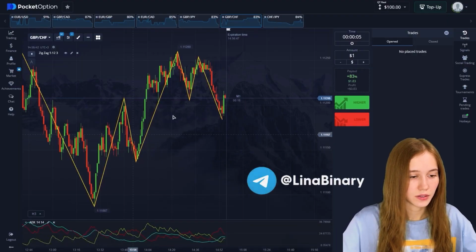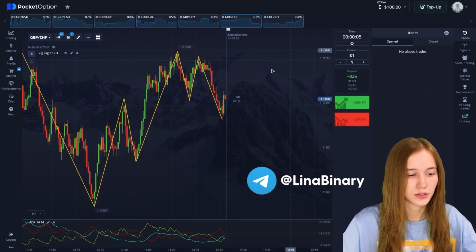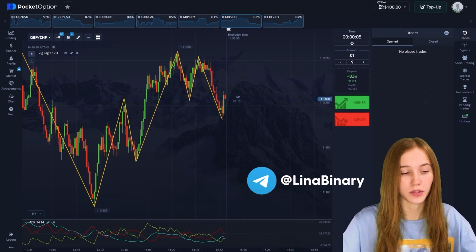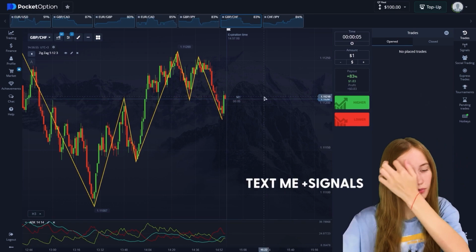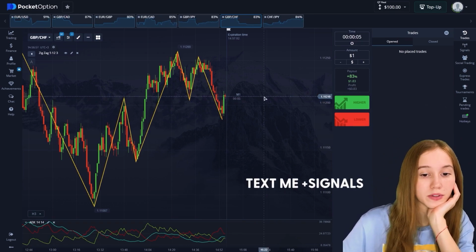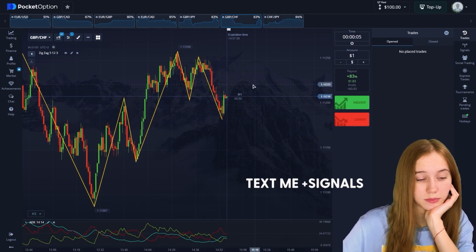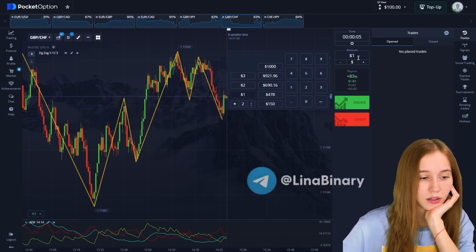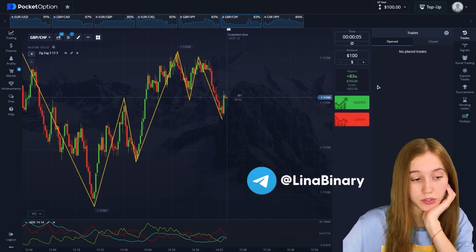So let's start on our workspace. Today we'll trade with 100 dollars. We start with this sum, our starting balance. The amount of each deal will be 100 dollars also.